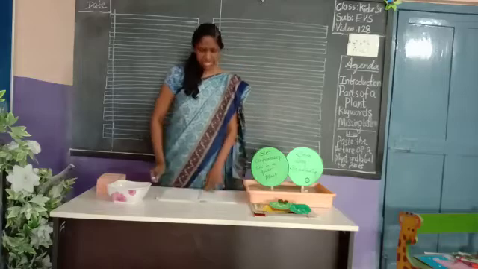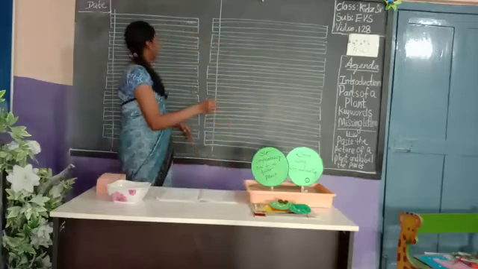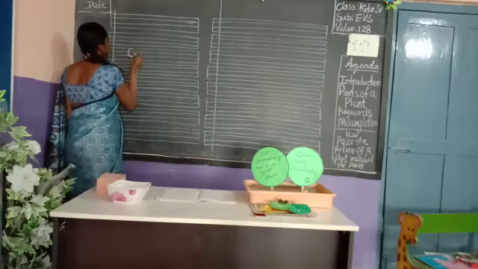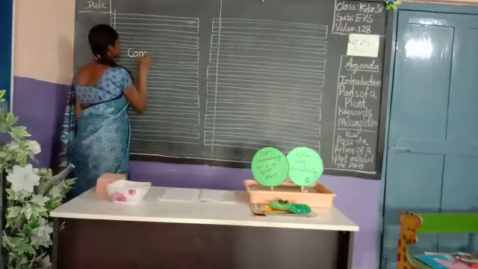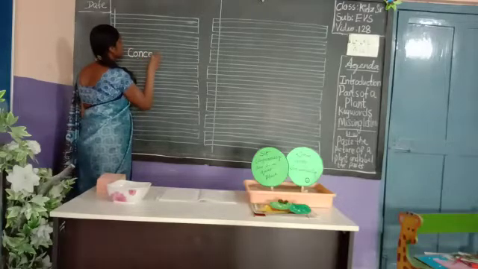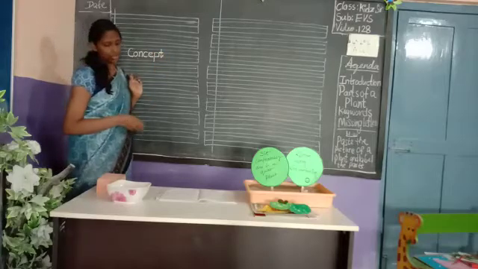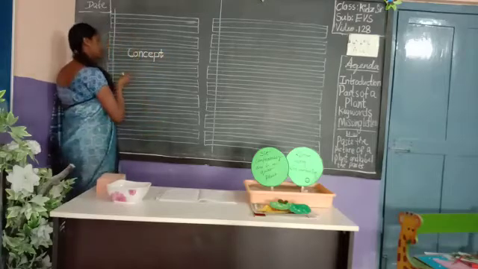Start, children. First, sharpen your pencils, write neatly and write down C-O-N-C-E-P-T. Concept. What is the concept? Parts of a plant.